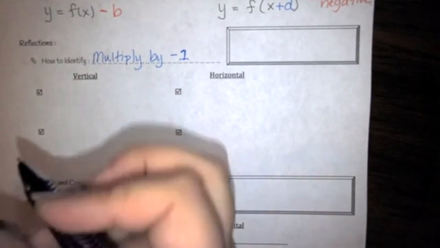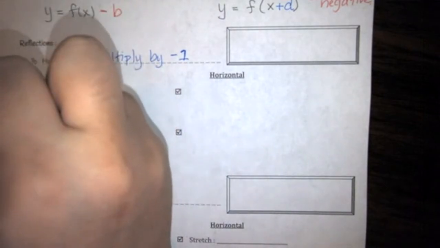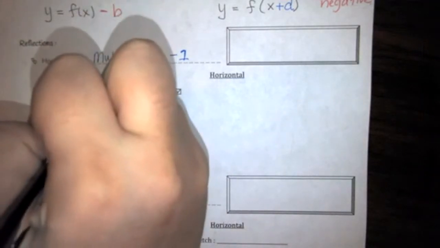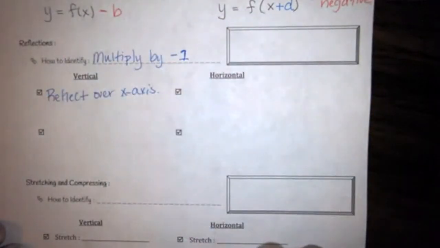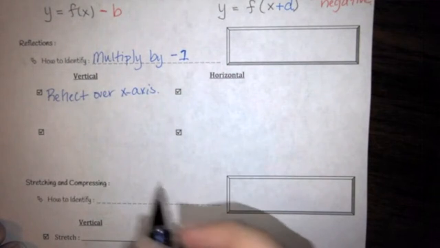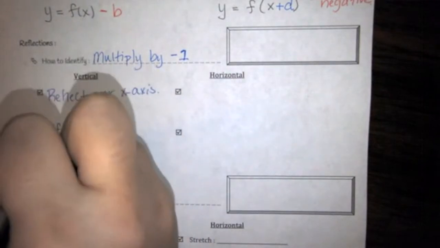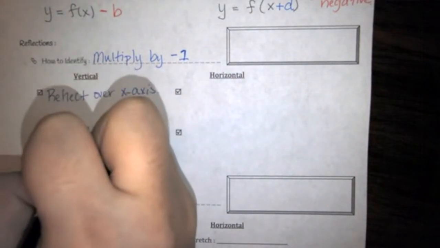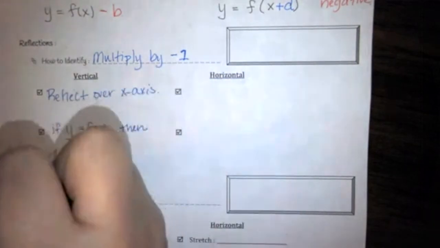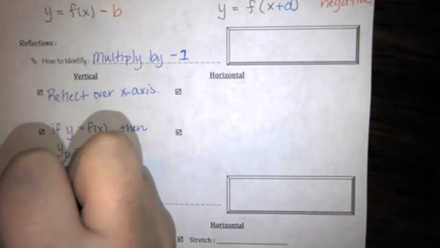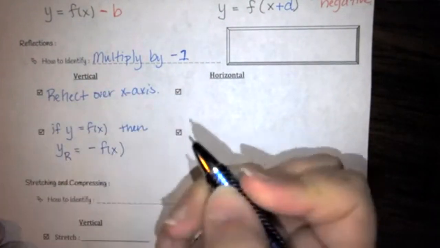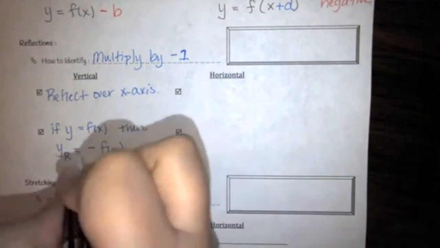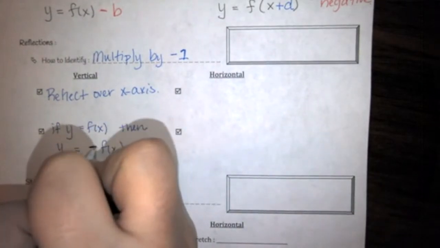Vertical reflections say that you are going to reflect over the x-axis. It means that if your function started out as y equals f of x, then a reflection would be listed as negative f of x, where the negative is out in front. Okay.